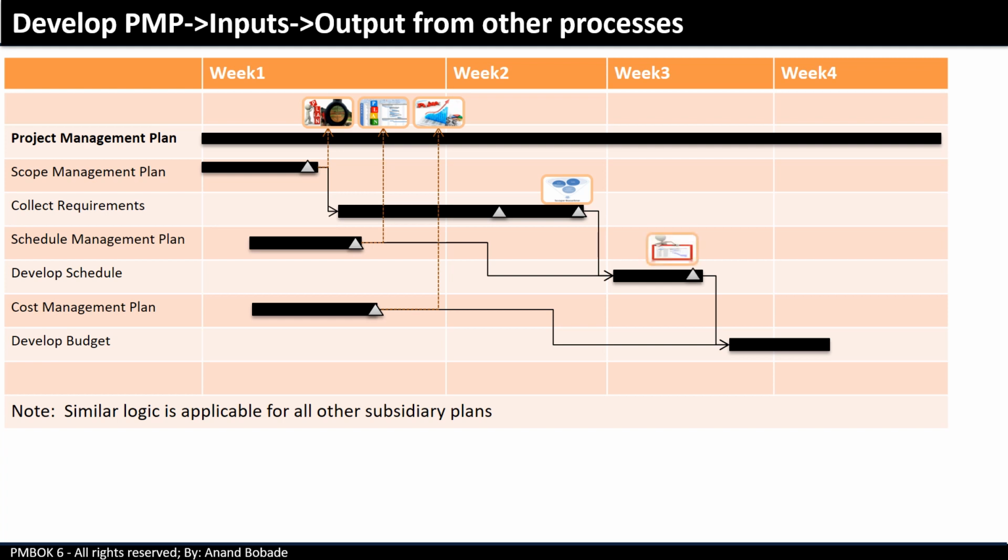Scope and schedule will be used further to estimate cost. Finally, I will have all 3 baselines, that is scope, schedule, cost, ready to be integrated inside the project management plan. The same continues until all other subsidiary plans are prepared and integrated in the project management plan.